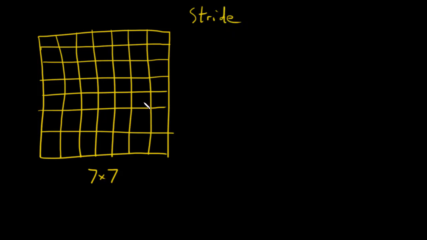The stride tells you how many pixels you jump, you leap by, every time you do a convolution.